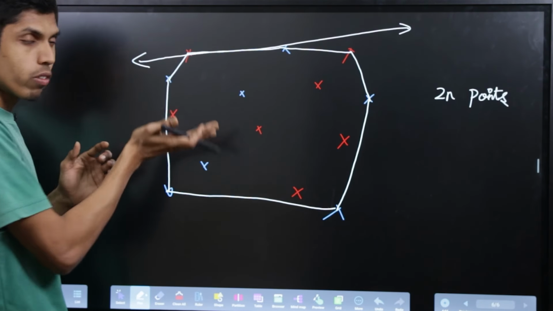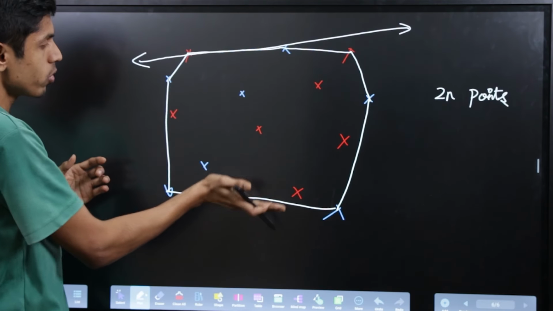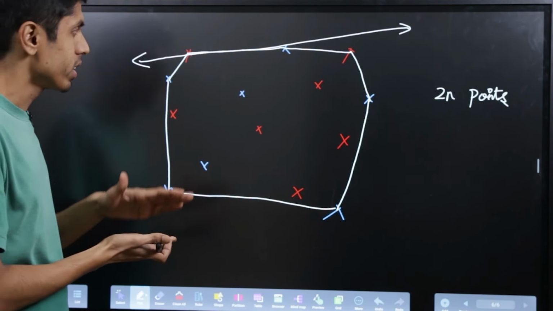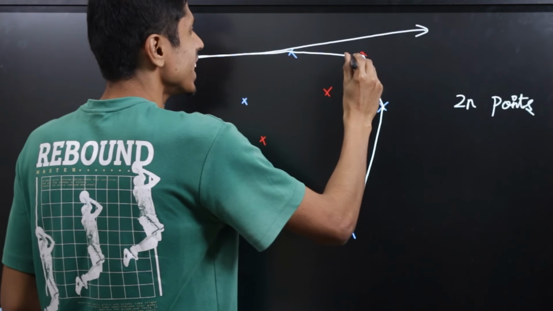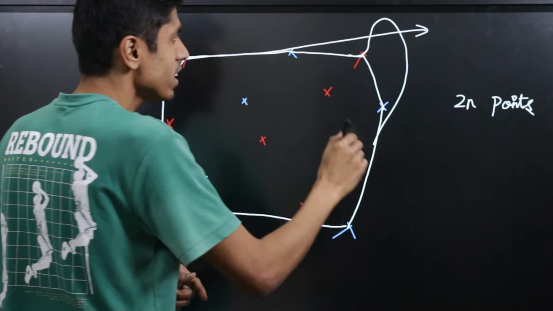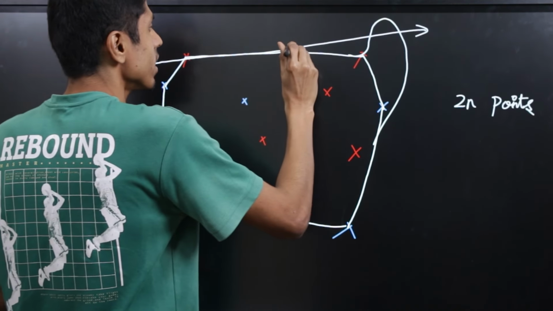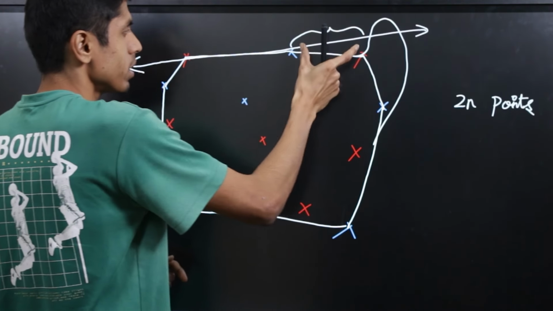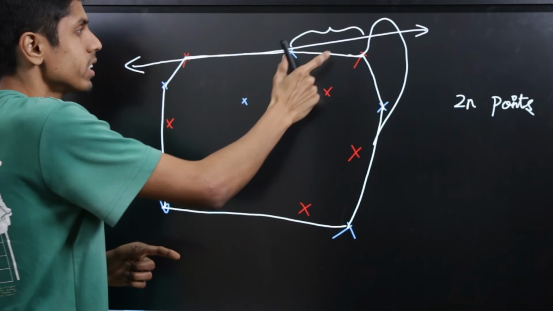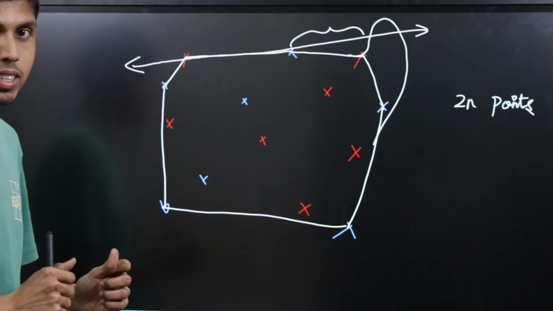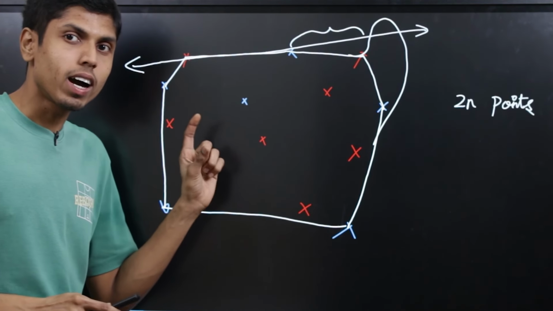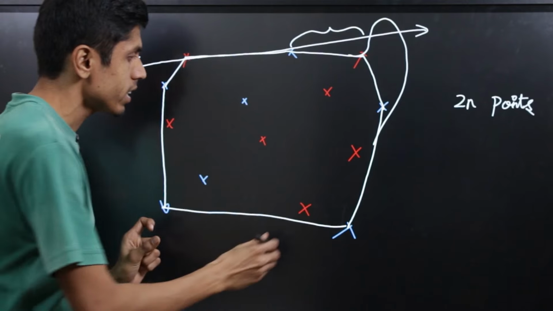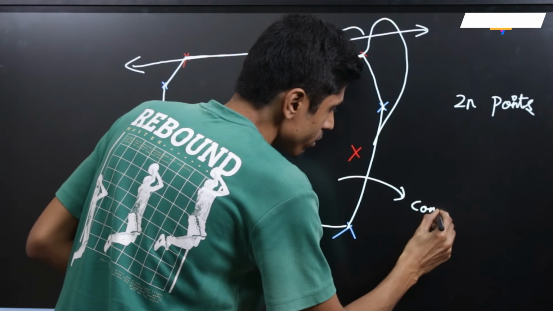And due to the convex nature, all the points would lie on one side of the line. This is because if the line intersects the convex hull again at some other point, then there will be some gap in the line that we constructed which will lie outside of this convex hull, contradicting the fact that this is a convex set.